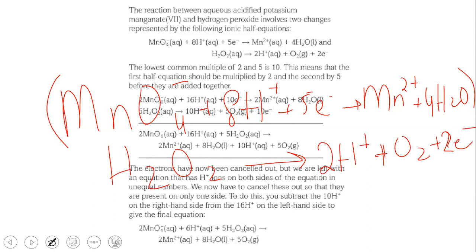What will you multiply the top one with? Nothing. You're saying let's not multiply it with anything? Just wait. It's plus 5e minus. Yeah, 5e minus. Yes. I'm sorry if that's not clear.